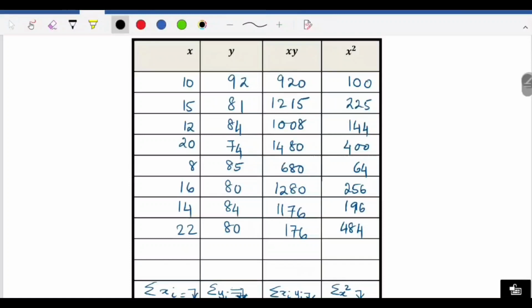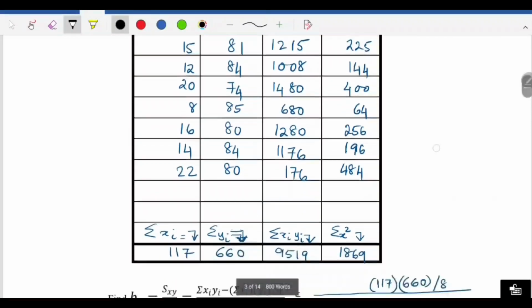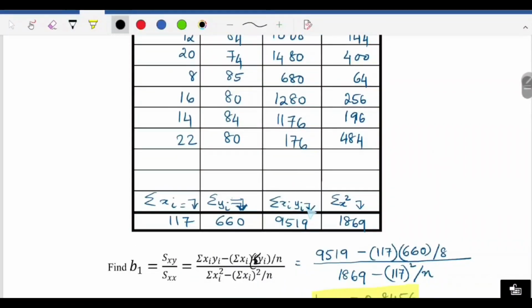So in the first 2 columns, we just list the values of x and y, and then we have a column which is x multiplied by y. So we are going to just multiply x and y and write them down here, and at the end sum it up. So sigma x sub i times y sub i, sigma xy, is what is going to go into the first term of the numerator.